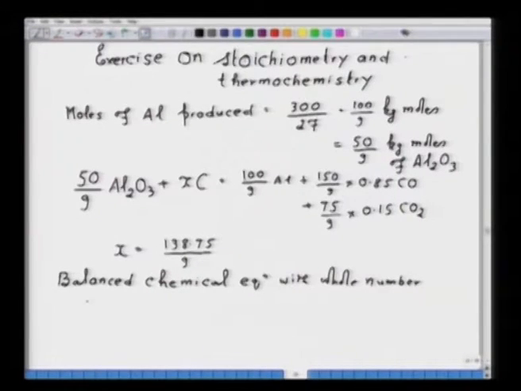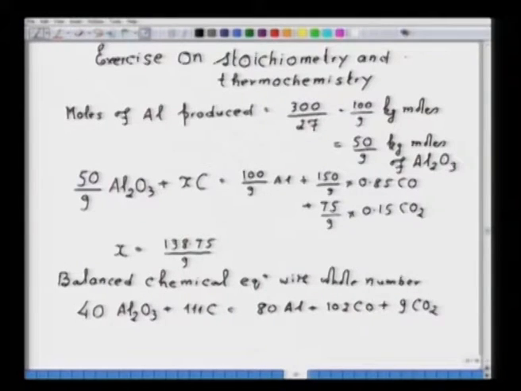The equation is now 40 Al2O3 plus 1 moles of carbon, that is equal to 80 moles of aluminum plus 102 moles of carbon monoxide plus 9 moles of carbon dioxide. This is the answer for part 1, that is a balanced chemical equation.